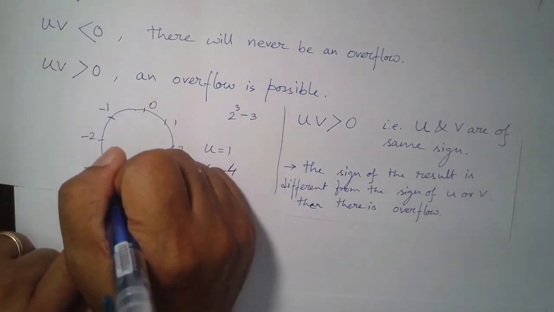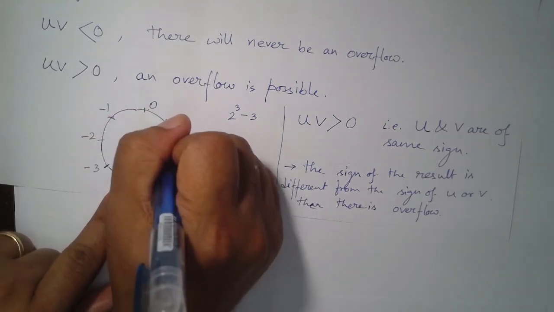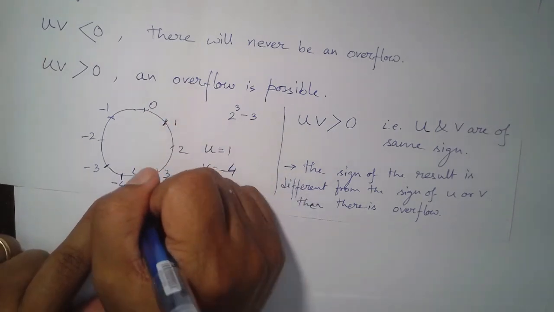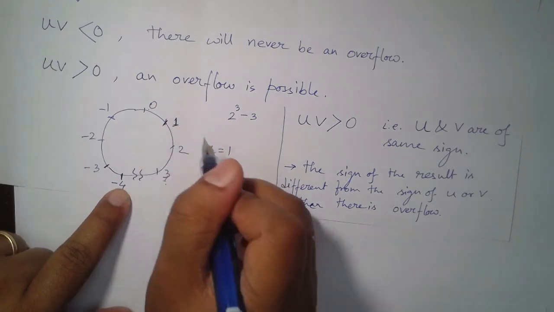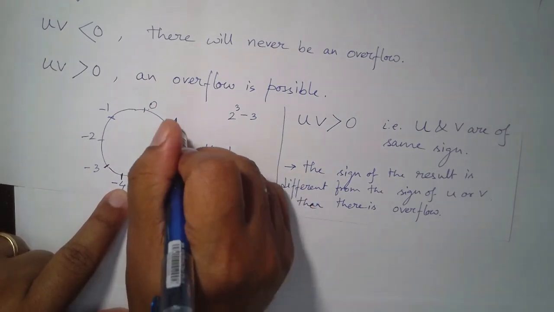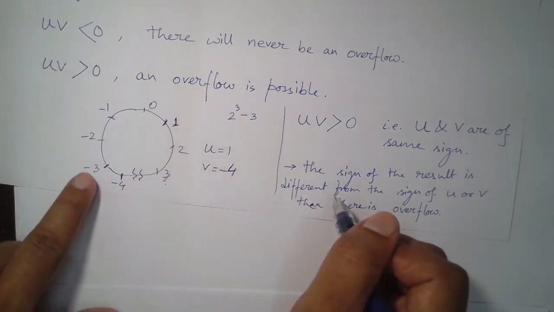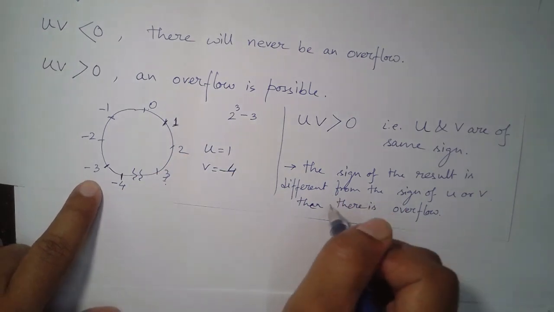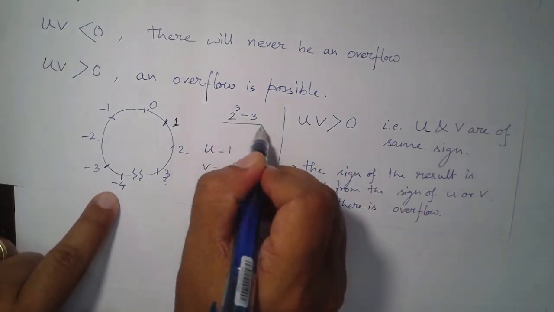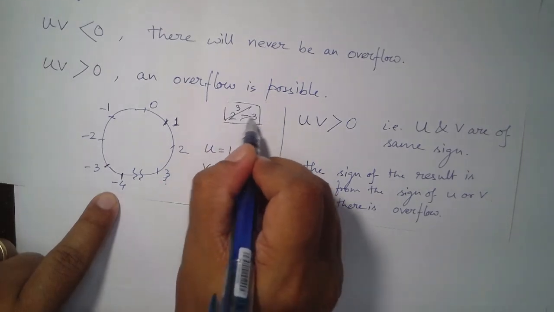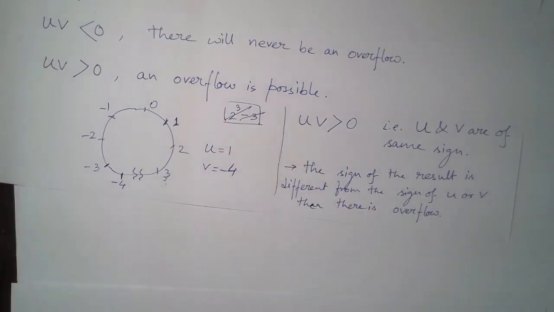So 1, 2, 3, 4, 5. So -3 minus 4, the addition result I am getting is a +1. So the sign of u and v are the same, but the result I am getting has a different sign. So this indicates that I have already encountered overflow and the result is not correct.